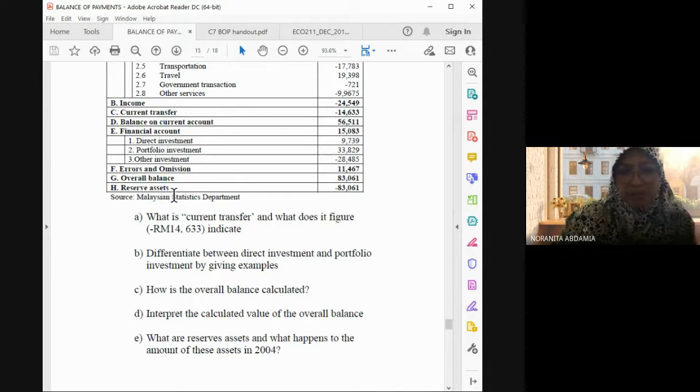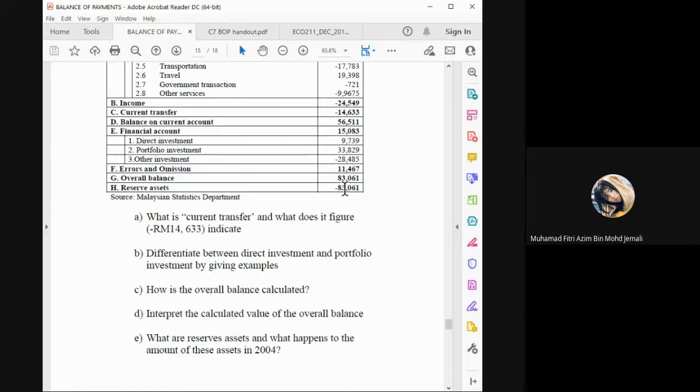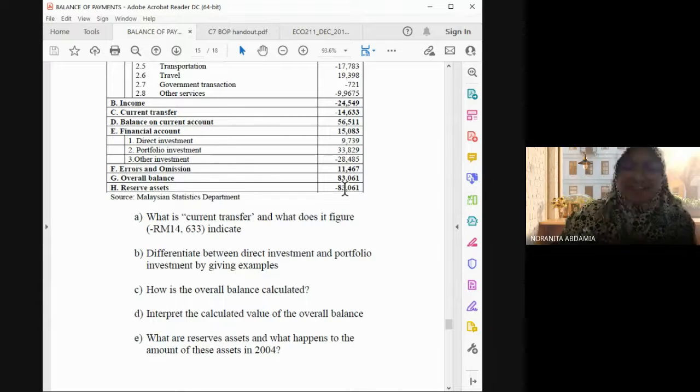Overbalance ni is actually the BOP status. Maknanya apa? The BOP is a surplus. Yes. Surplus mean what? Money flowing into the country. Duit masuk banyak. Hari ni cakap pasal duit je kan. Duit masuk banyak. So sebab tu asset increase.